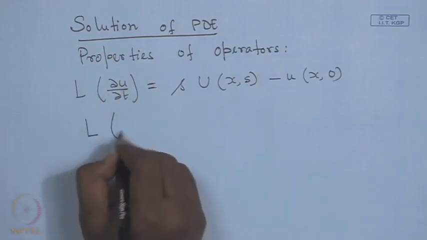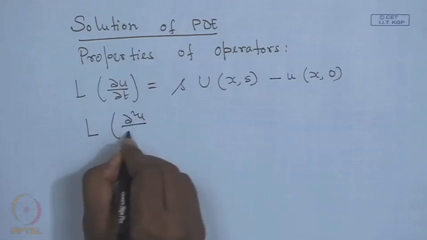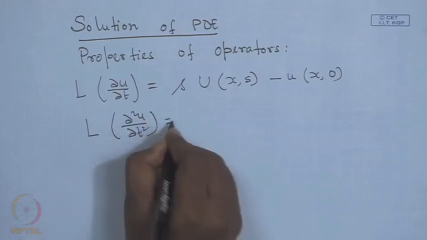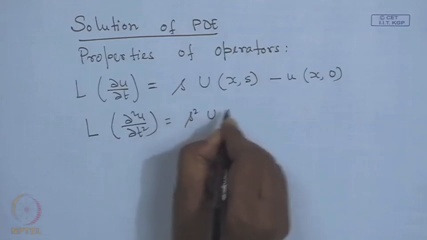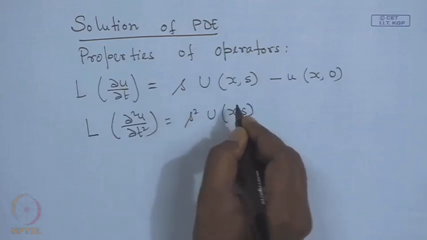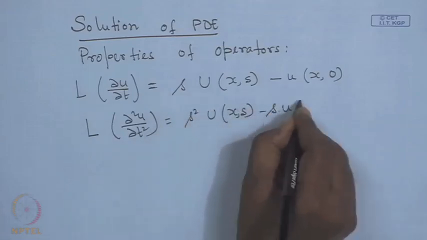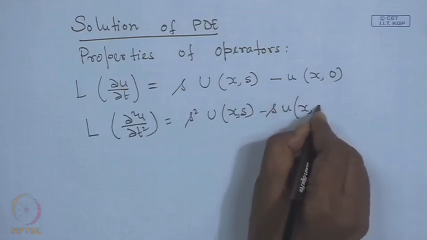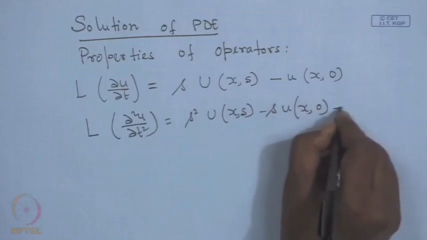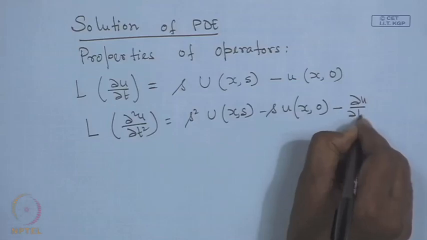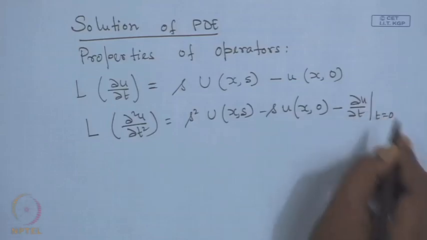Laplace of del square u del t square is nothing but s square u of x and s minus s u at t equal to 0 minus del u del t at t equal to 0.